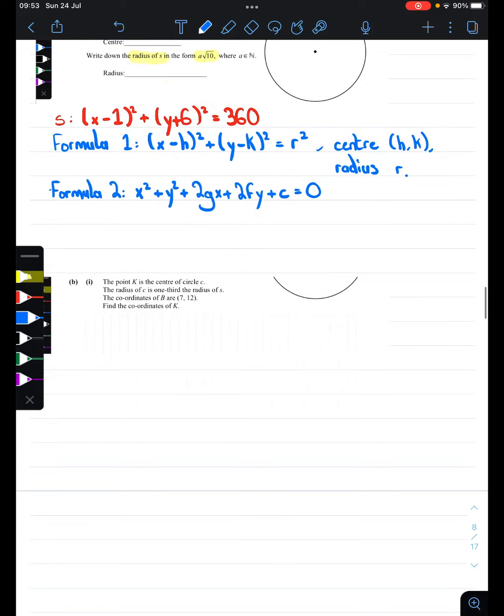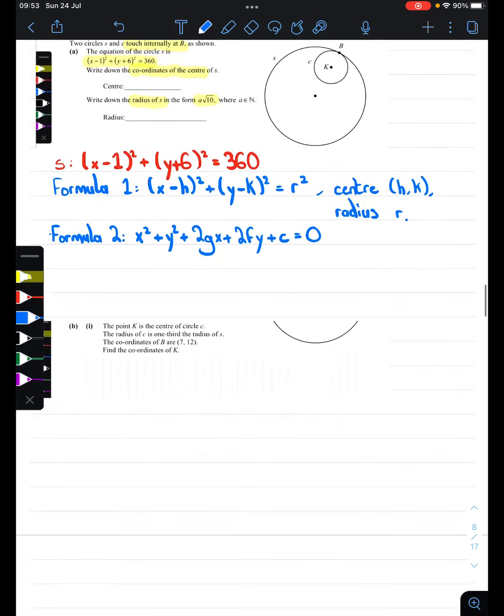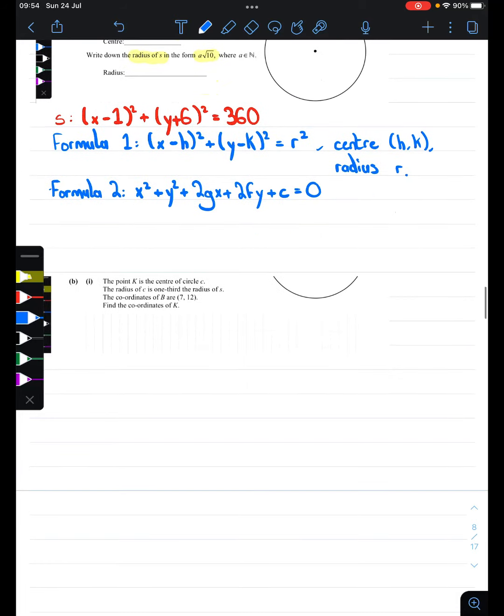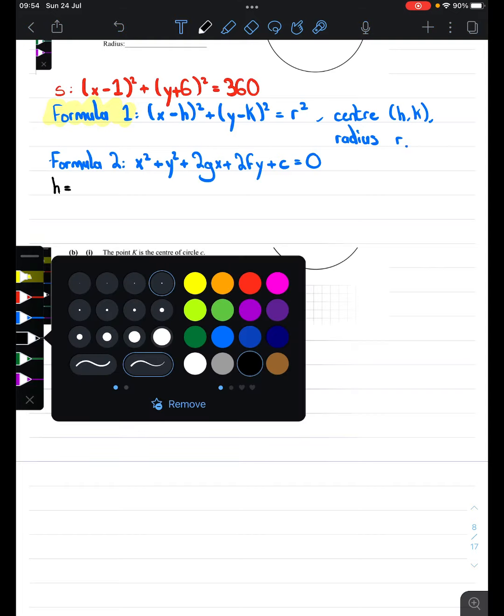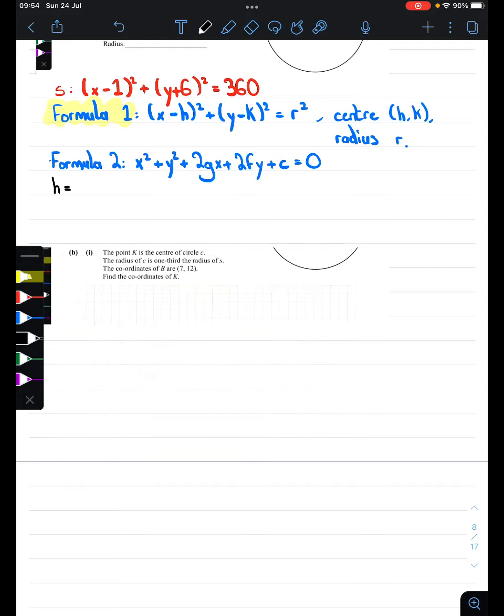So which does the formula they've given look like? Well, it looks like formula 1. So let's just match things up. Minus h must be minus 1, so h equals 1, and k equals minus 6.